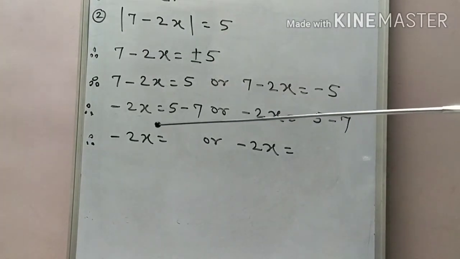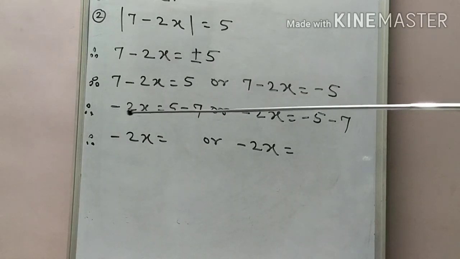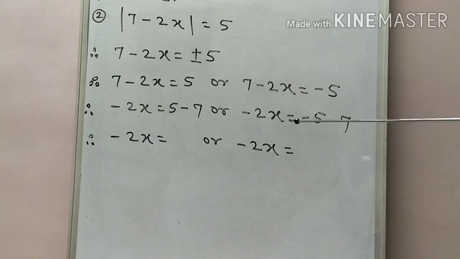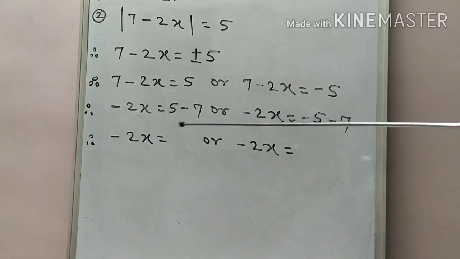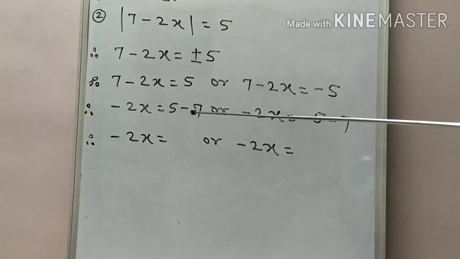But remember here that 2x is negative: minus 2x equal to 5 minus 7, or minus 2x equal to minus 5 minus 7. In the first we do subtraction, because here we have opposite signs: minus and 5 is plus.